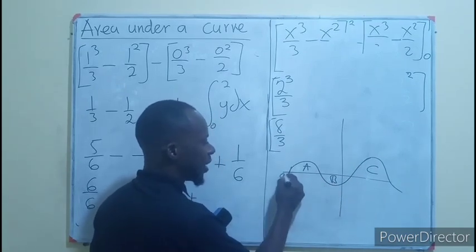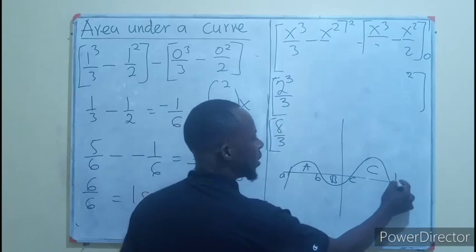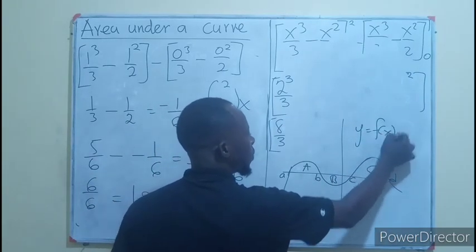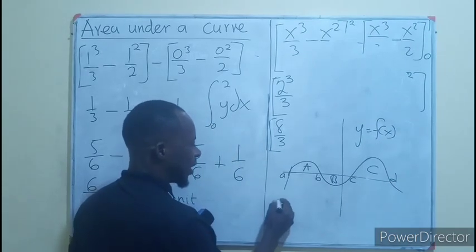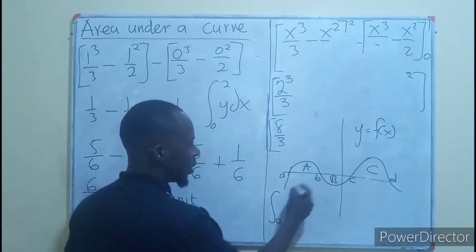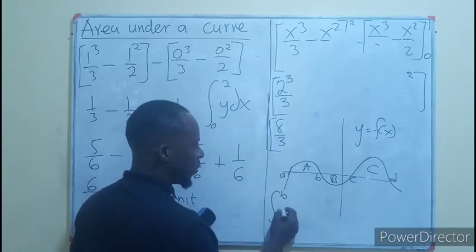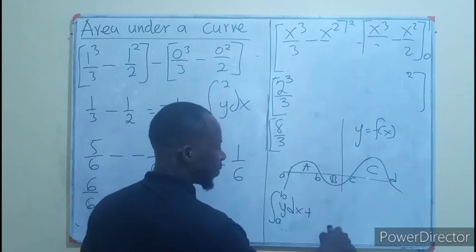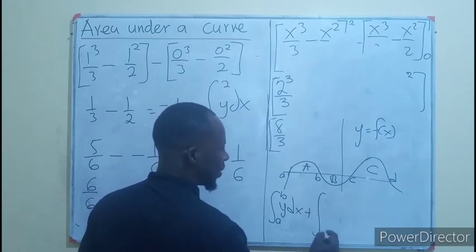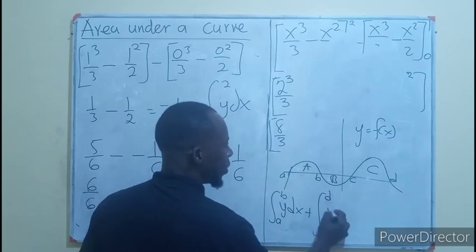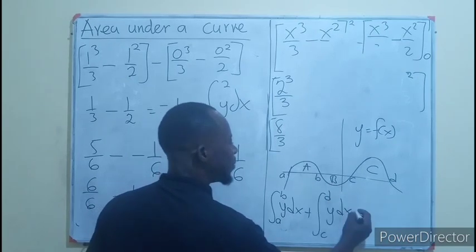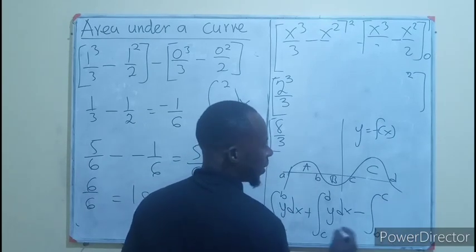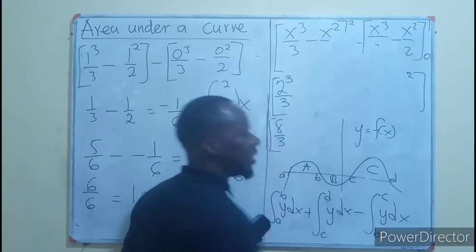So if I have A, B, C, D, and I have the function, it is going to be the integral from A to B of this function, which will still be y dx, plus integral from C to D of y dx, then minus integral from B to C of y dx.